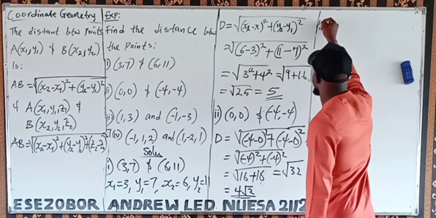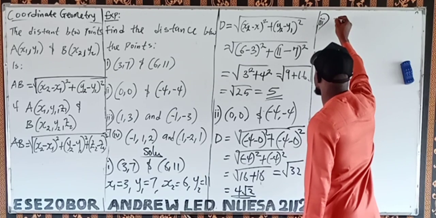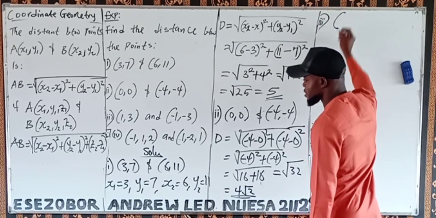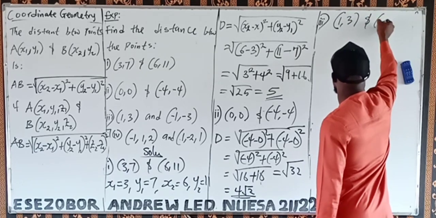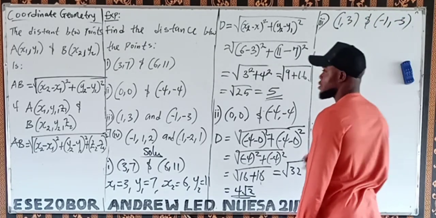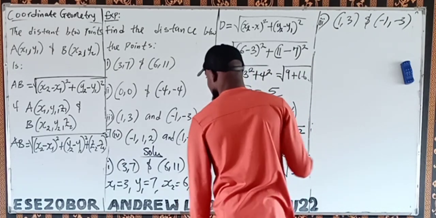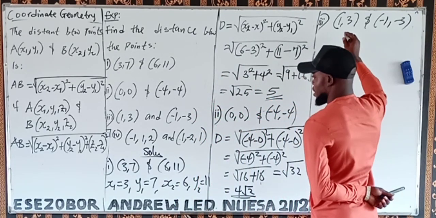Then the third one, the distance between the points (3, 3) and (-1, -3). Let's see what I'm going to have. So I'm going to have something very nice.